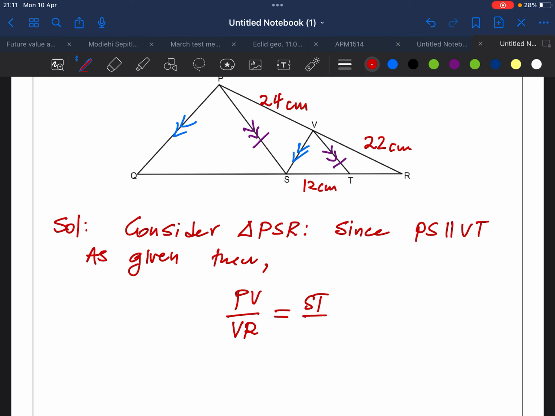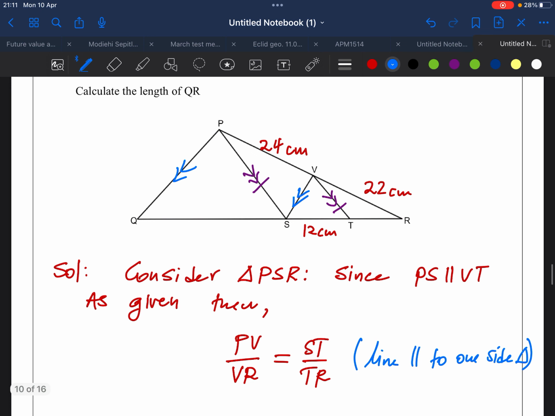ST over TR. Let me quickly write my reason, and we will go back to our sketch and look at what is happening. Line parallel to one side of our triangle. Now let us go back. Where is our PV?